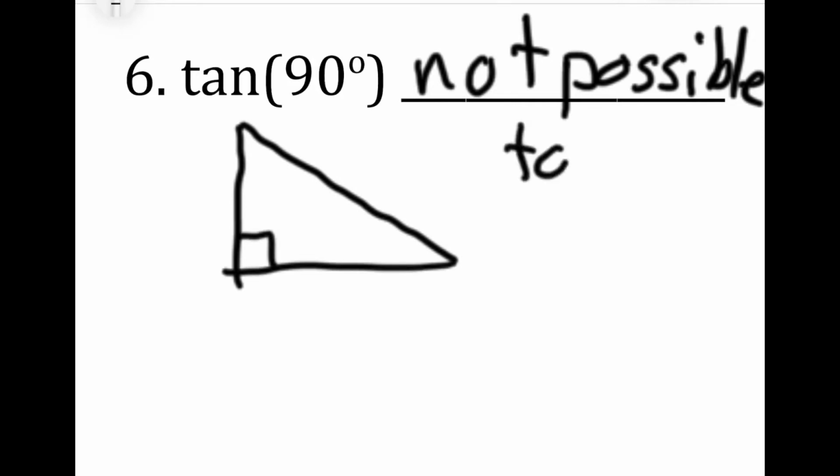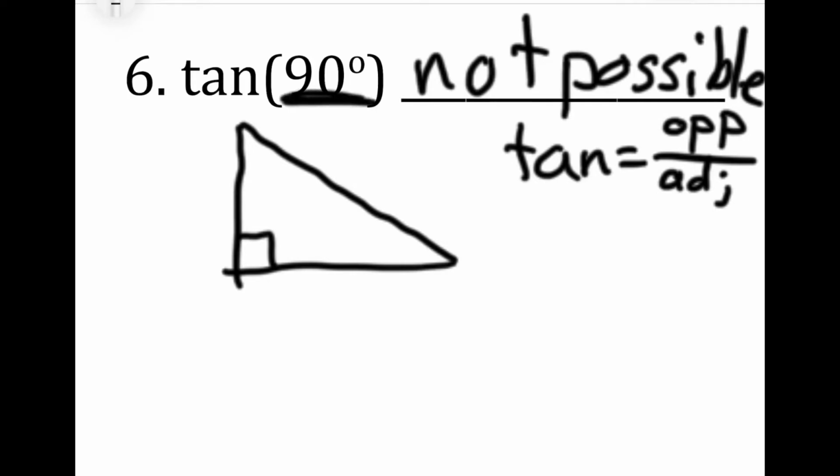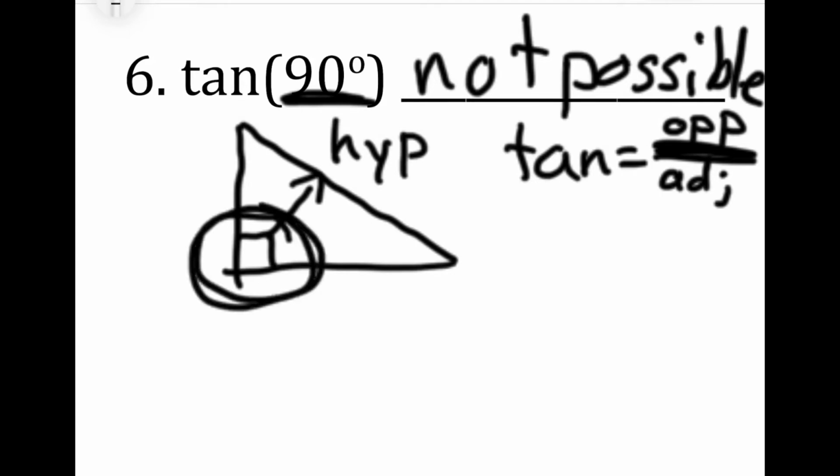Tan equals opposite over adjacent, correct? If we're looking at a 90-degree angle, that opposite side is actually the hypotenuse and not the opposite side. So it's not possible because it's pointing us to looking at the 90-degree angle versus one of the other angles in the triangle. So number 6 would be not possible.